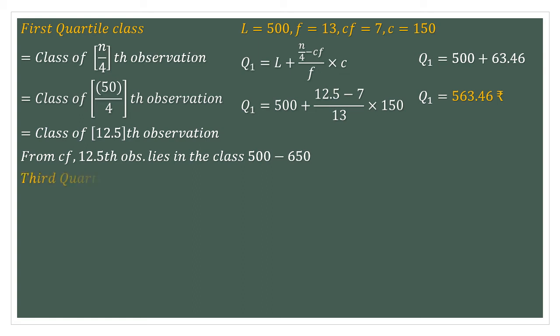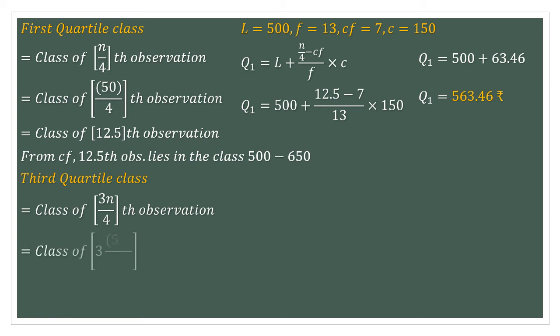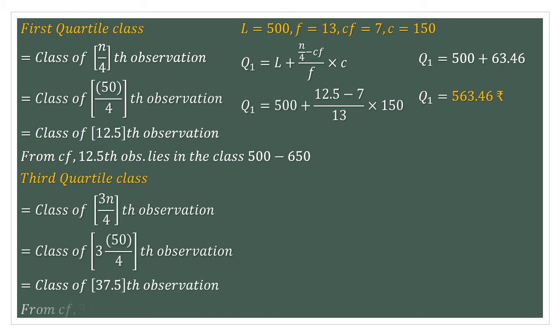Let's calculate the third quartile now. The third quartile class will be the class of 3n upon 4, because it's the third quartile, so we multiply by 3. The class of 3 into 50 upon 4, which gives us the 37.5th observation. Naturally, the 37.5th observation lies in the class 800 to 950.